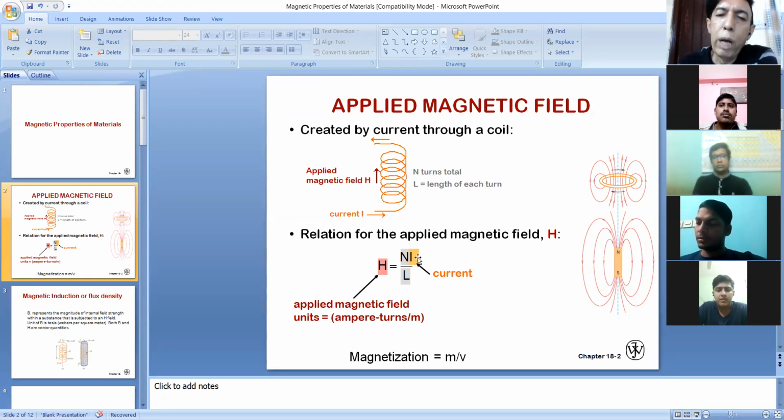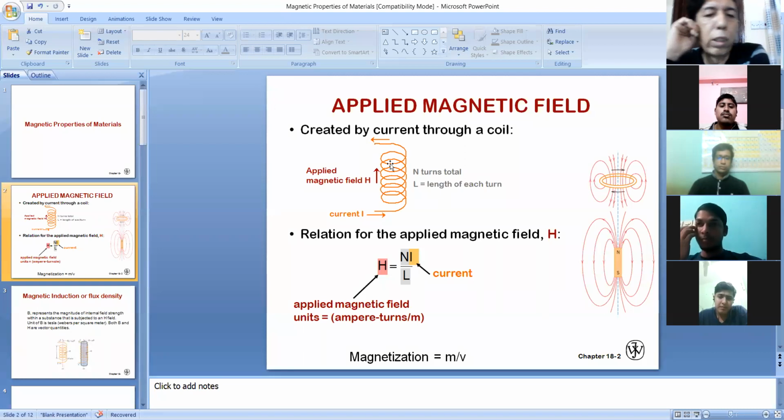Now, what is I? I is the amount of current. And what is L? L is actually the length of this coil, from the first turn to the sixth turn.